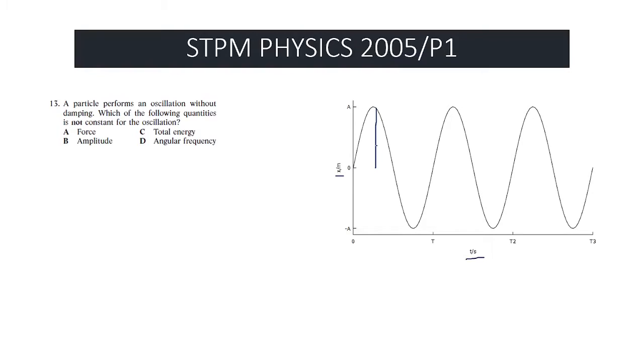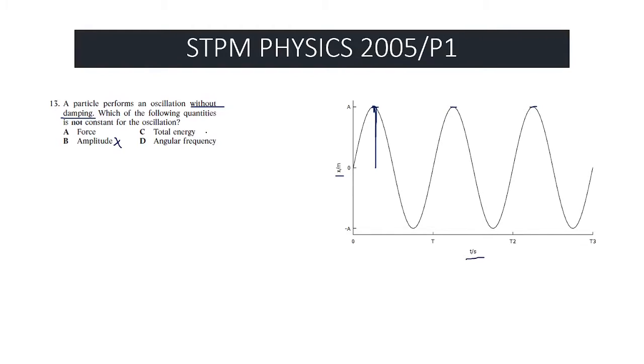So this is A, and after time t, this A is still the same. So the amplitude is constant because this is without damping. This is a keyword. And so B is wrong.